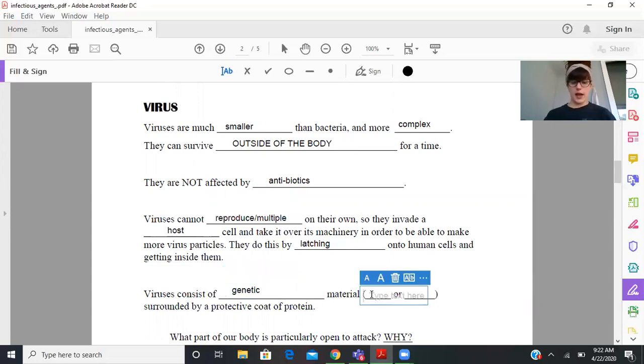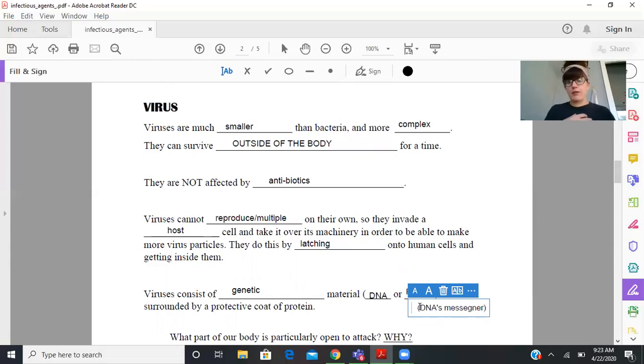So this is DNA and RNA. We'll learn more about this in Unit 6. RNA is like DNA's messenger. And DNA we know is what is like our blueprint, what makes us us and special and unique.